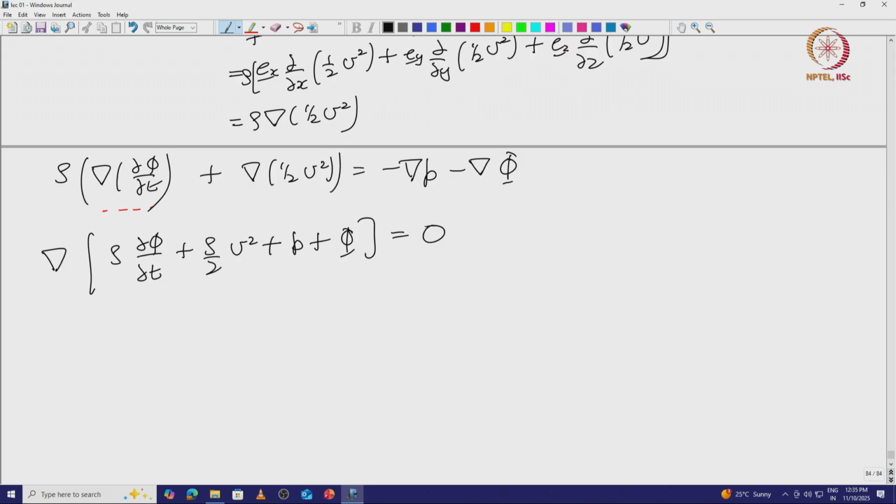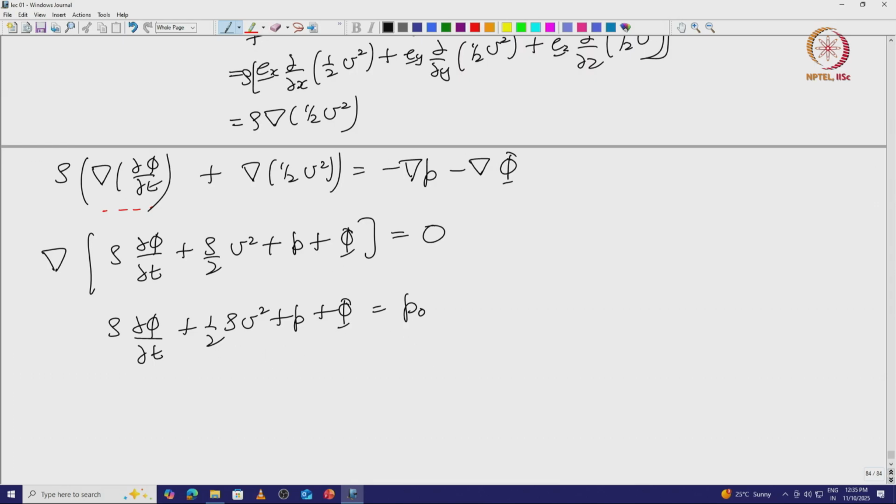This is equal to 0. If the gradient of a quantity is equal to 0 at each position in space, that means there is no variation with respect to neighboring points, so that quantity is a constant, equal to some constant P naught.